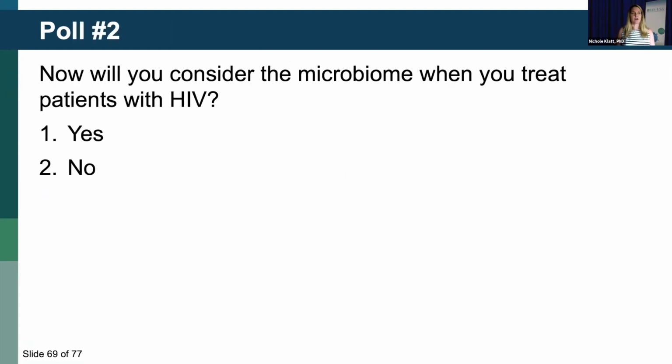Going back to the original poll, after this talk, we now consider potentially the microbiome when you treat patients with HIV.